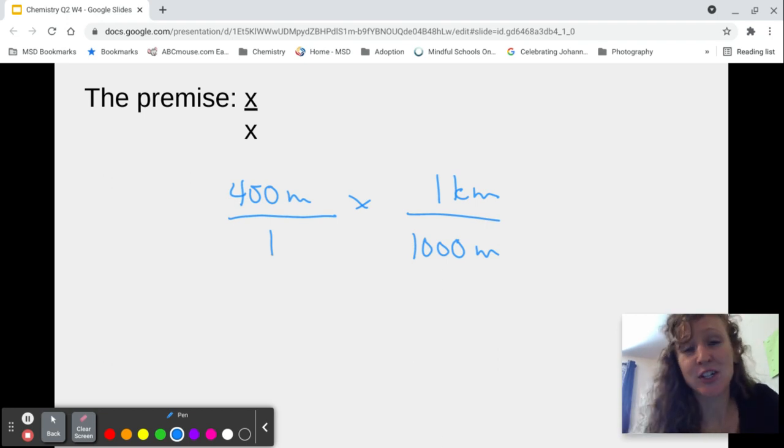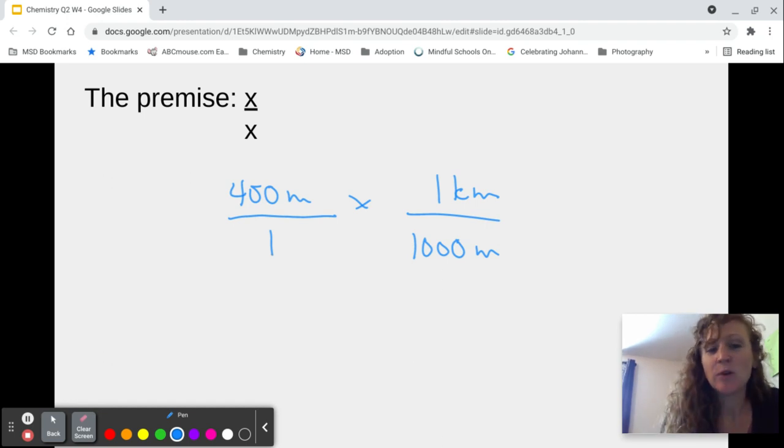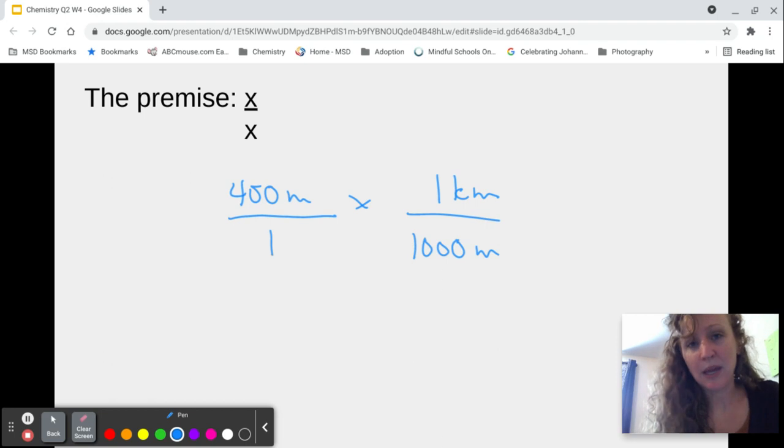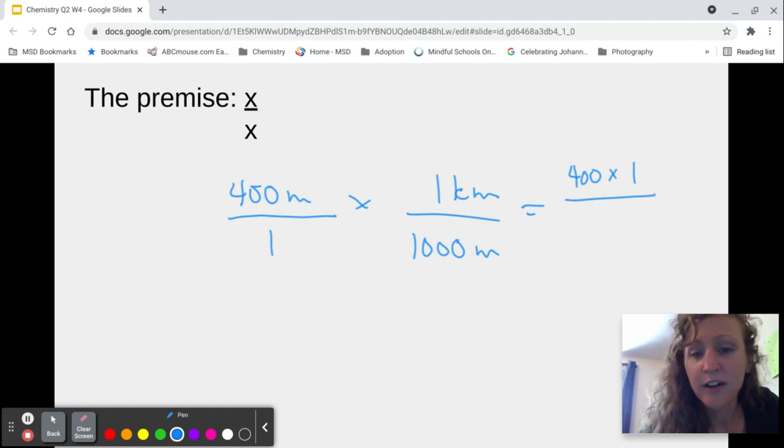And this leads us to the third math skill that you really need to know in order to deal with dimensional analysis. When you multiply fractions, you have to multiply across the top and the bottom. So this would actually turn into 400 times 1 over 1 times 1,000.